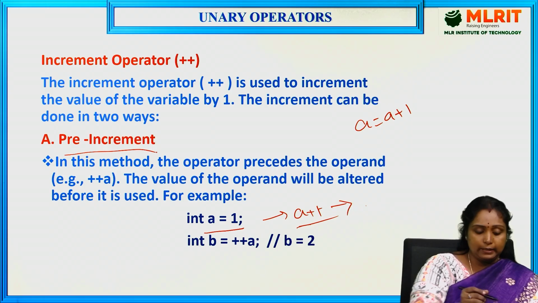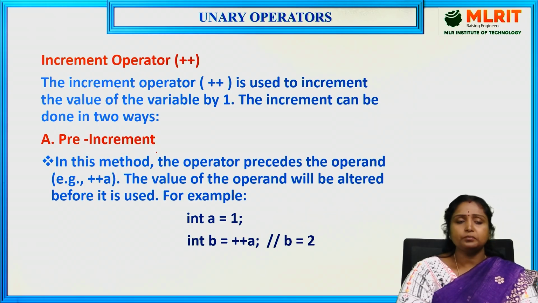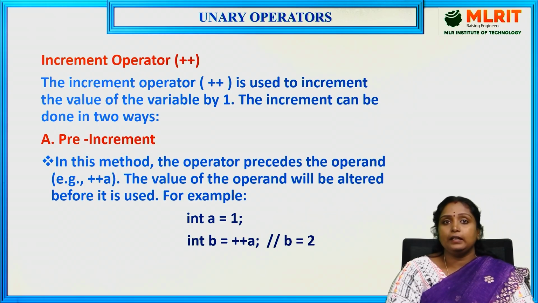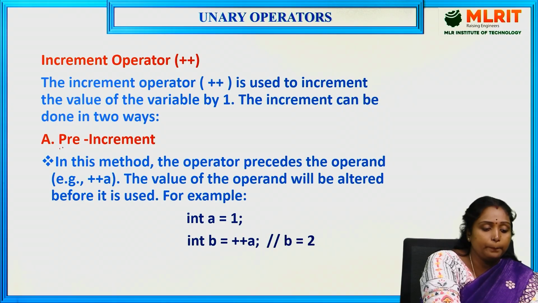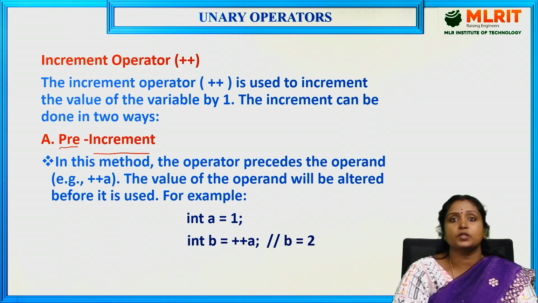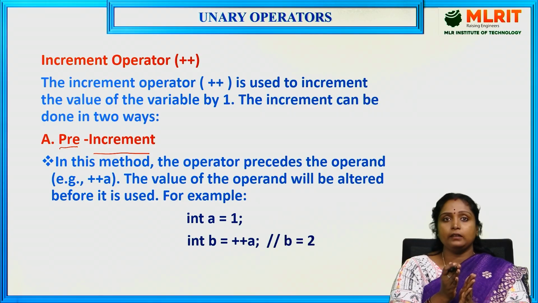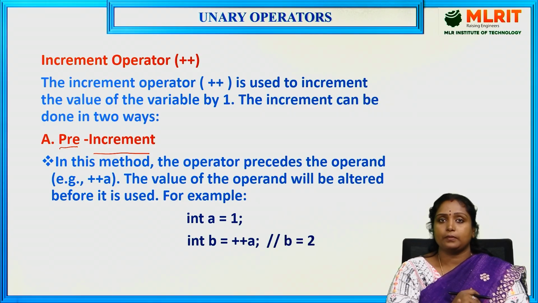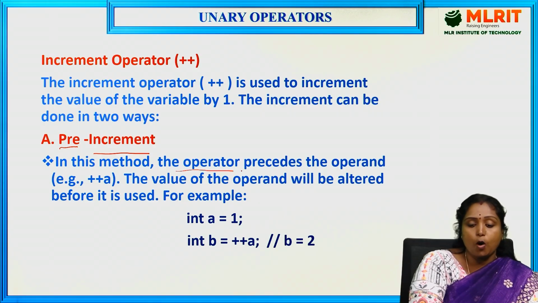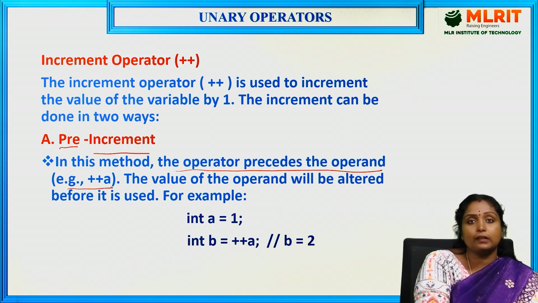Coming to the pre-increment. As the name itself says, pre-increment means first the value will be incremented by 1, then it will be saved. In this method, the operator precedes the operand: plus a.